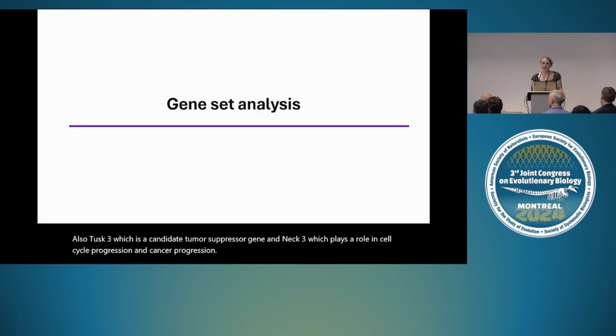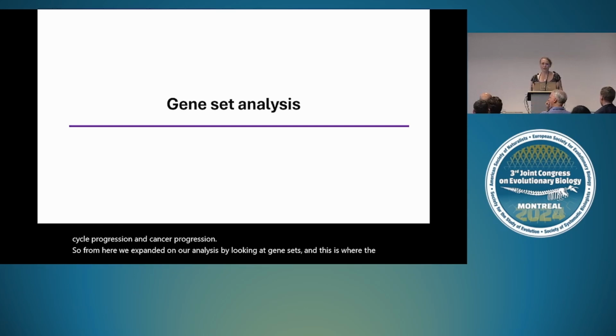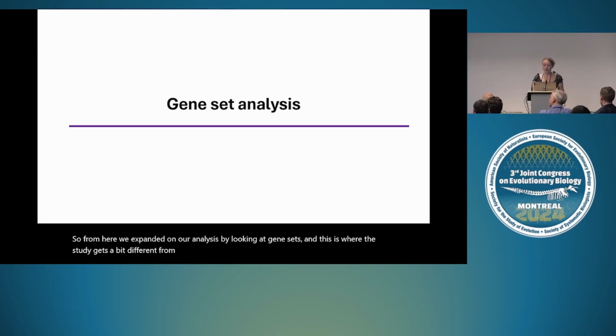So from here, we expanded on our analysis by looking at gene sets. This is where the study gets a bit different from traditional studies of gene copy number. Because when you're looking at the copy number of individual genes, when you're comparing between species, there isn't actually that much variation. So it's hard to detect any association, especially when you're looking at so many genes, because we don't have much power.